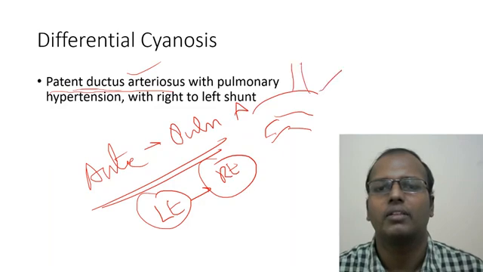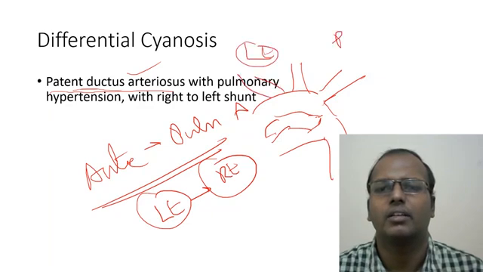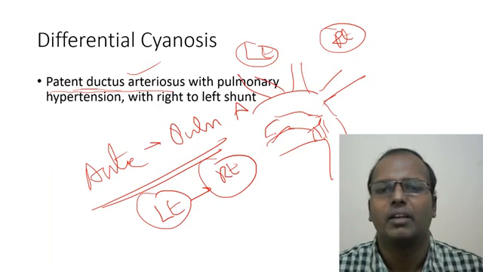So after these three, the pulmonary artery merges with the aorta. This is the PDA, which connects the pulmonary artery to the aorta.